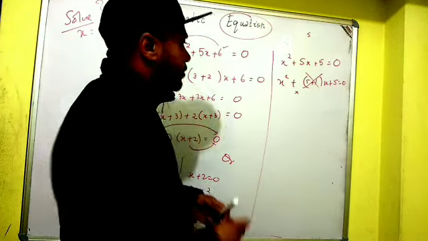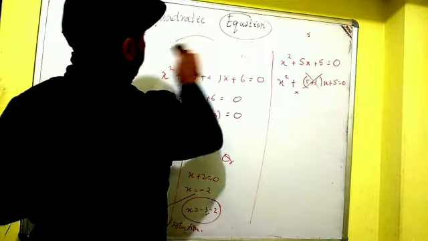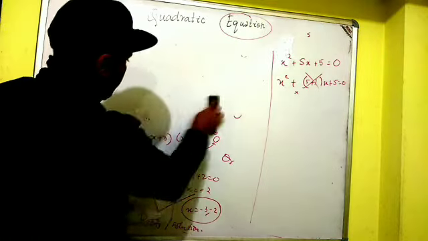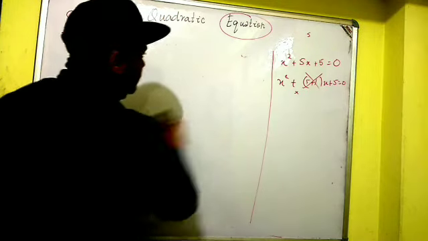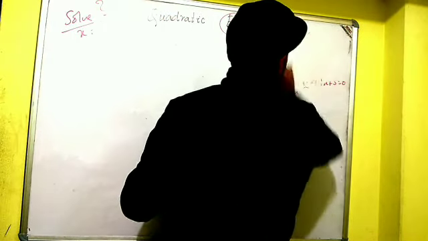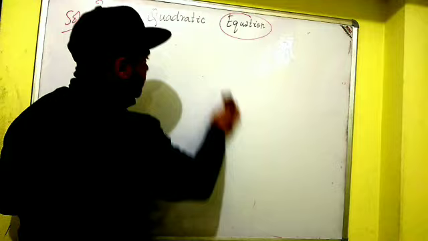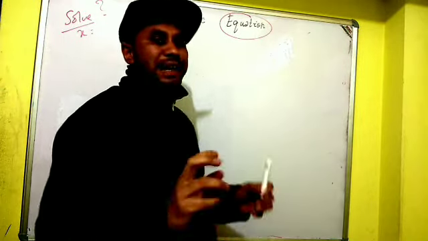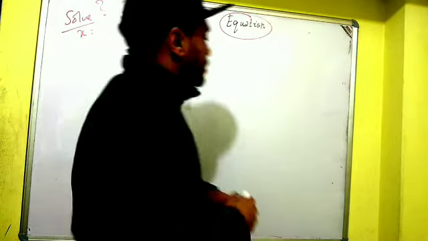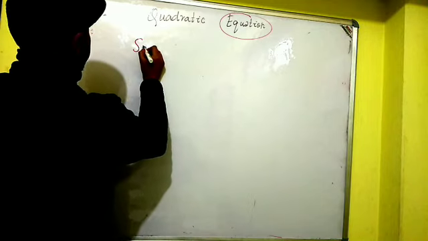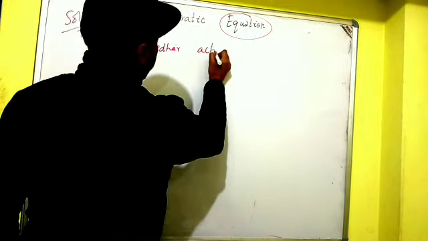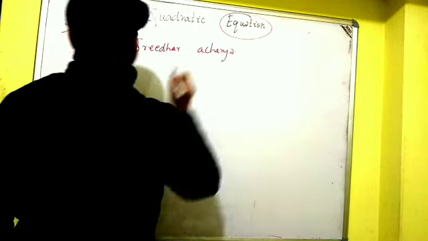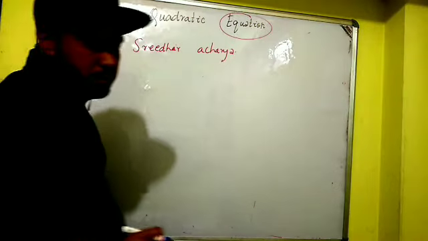So we use a different method, and that method is called the Acharya formula. Okay. So we'll be using a formula to find the value of x if we cannot break the middle term. Alright. Now, an Indian mathematician, Sridhar Acharya, has given us a formula to solve for x.